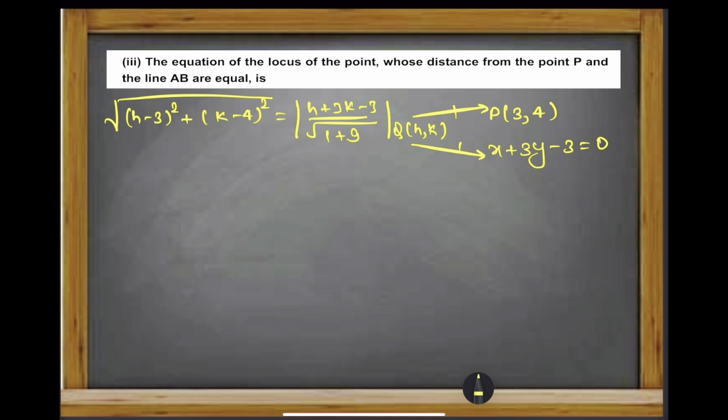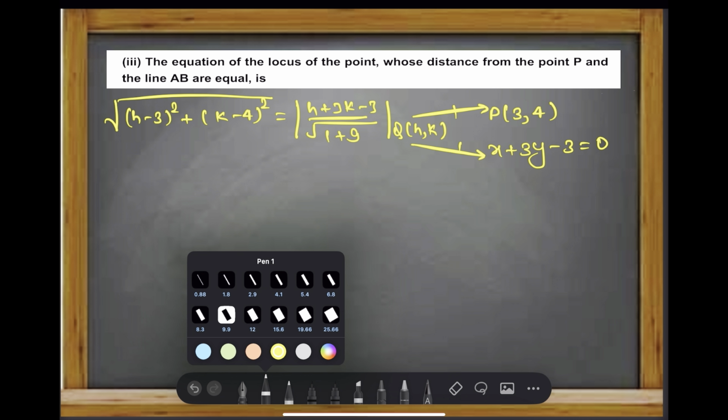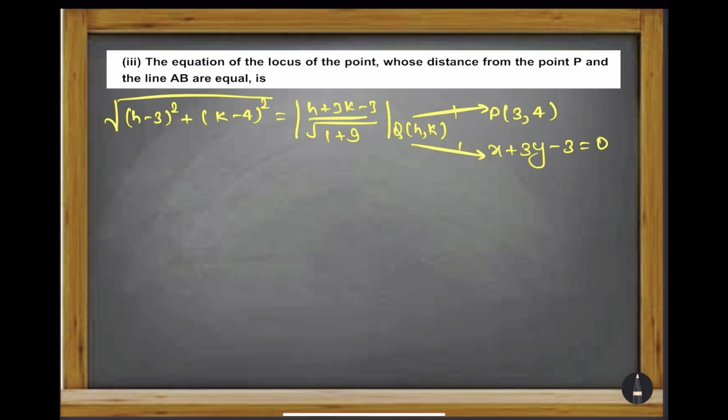Now we have to solve this thing and we will get the required result. Okay, now let's go through it. Let's simplify. What I'll do, I'll go with squaring both sides.